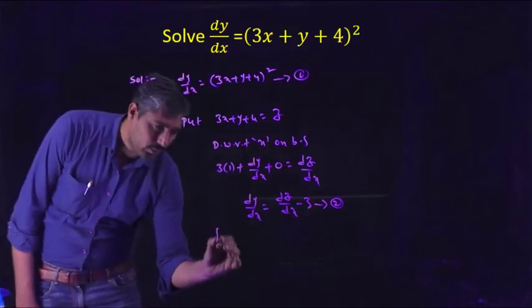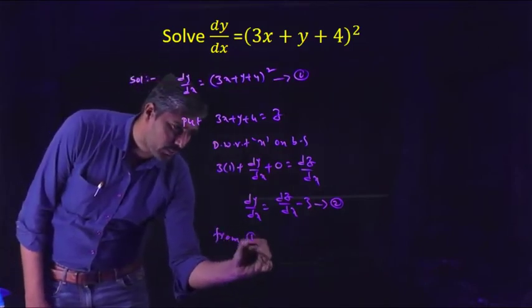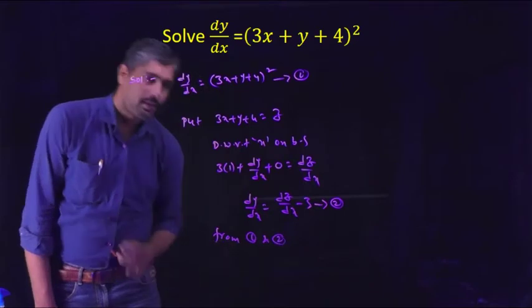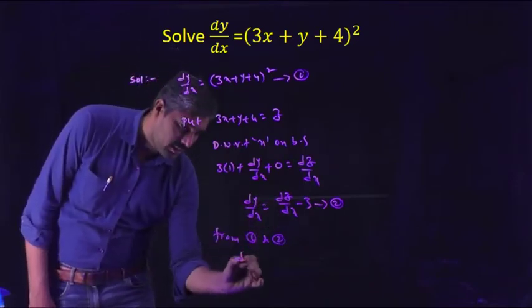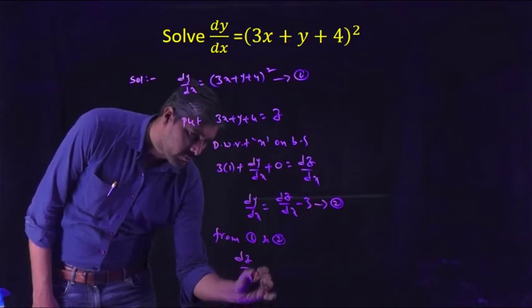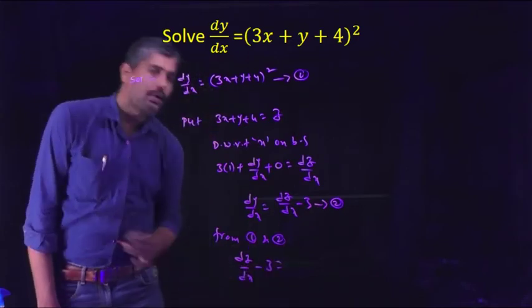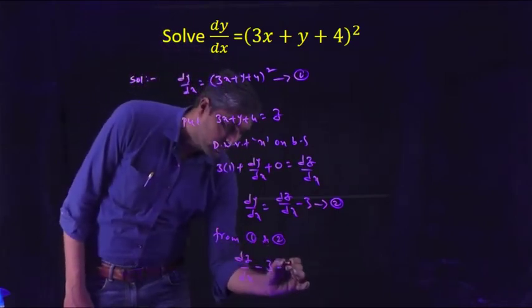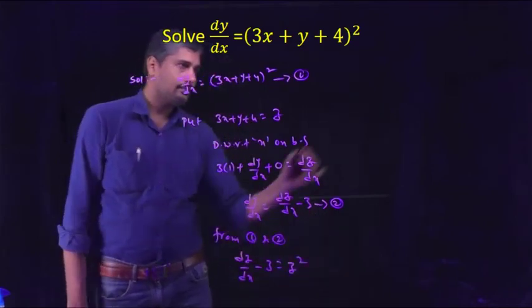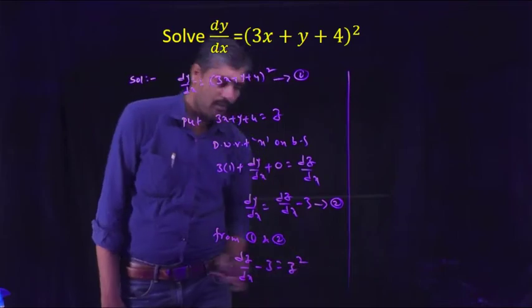From 1 and 2, dy by dx, that is dz by dx minus 3, equal to (3x plus y plus 4) whole square, and 3x plus y plus 4 equals z, so that equals z square. Right?